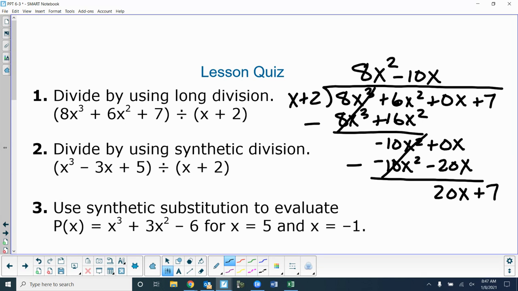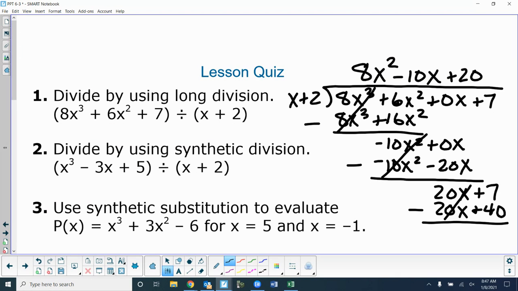What's 20x divided by x? 20. So you put 20 up here, and then you take that answer and multiply it by x and the 2. Wait, why is it 20 not negative 20? Because it's positive 20. Minus a negative makes it positive, right? And then 20 times 2 is 40.